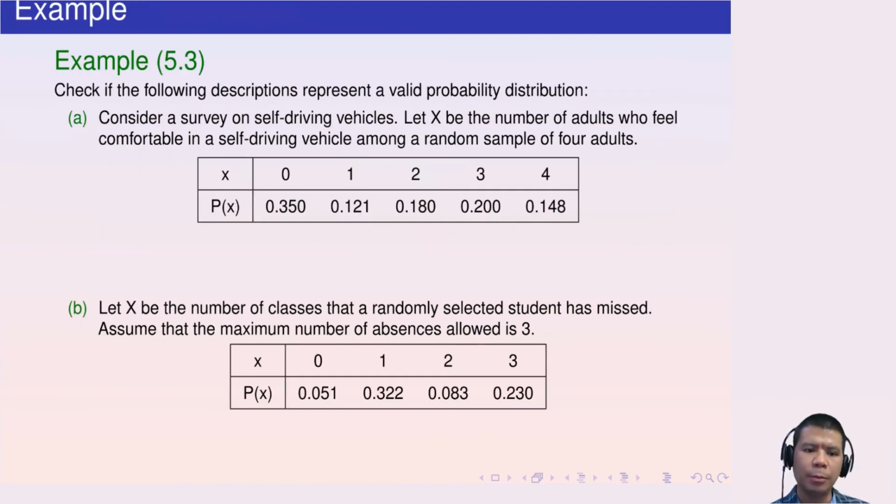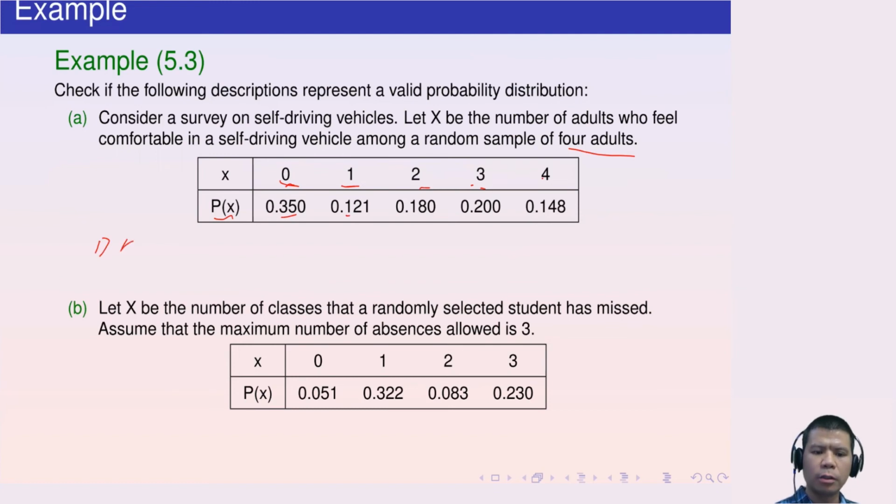Now consider this example. Check if the following descriptions represent a valid probability distribution. A, consider a survey on self-driving vehicles. Let X be the number of adults who feel comfortable in a self-driving vehicle among a random sample of 4 adults. So the possible values of X are 0, 1, 2, 3, 4, and P of X are given here. I believe these are all numerical values.